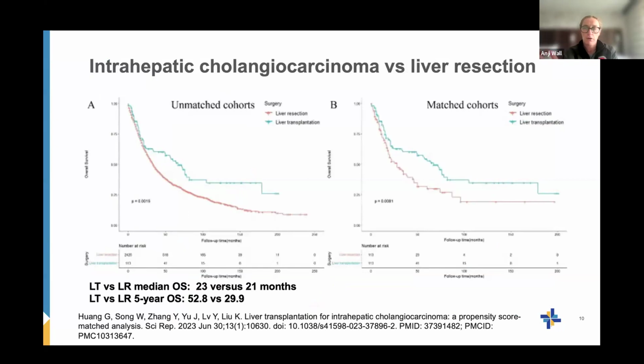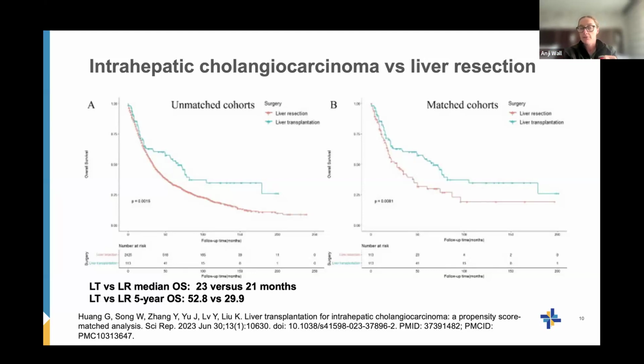In this study, and I'm sure that you all can quote data better than me, median overall survival is actually pretty similar between liver transplantation and liver resection, but those who do well with liver transplantation have a higher rate of 5-year overall survival. Compared to liver resection in patients who could have one or the other, there do seem to be survival benefits for liver transplantation in the right selected patients. And those benefits are better than the best alternative.